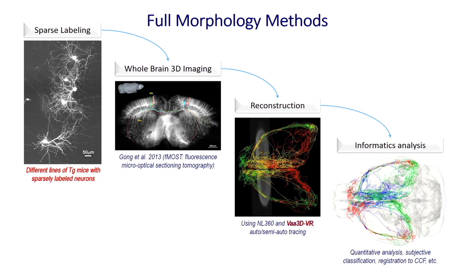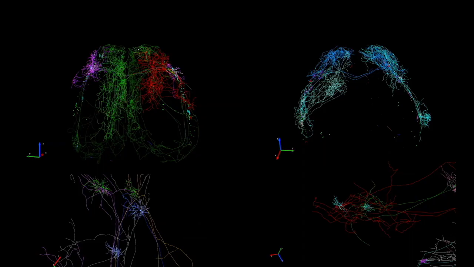And recently we have the VR added to VAST3D, which allowed us to directly visualize and trace the complex and fine structure in a virtual space, which is much more accurate than any other tracing tools so far available.